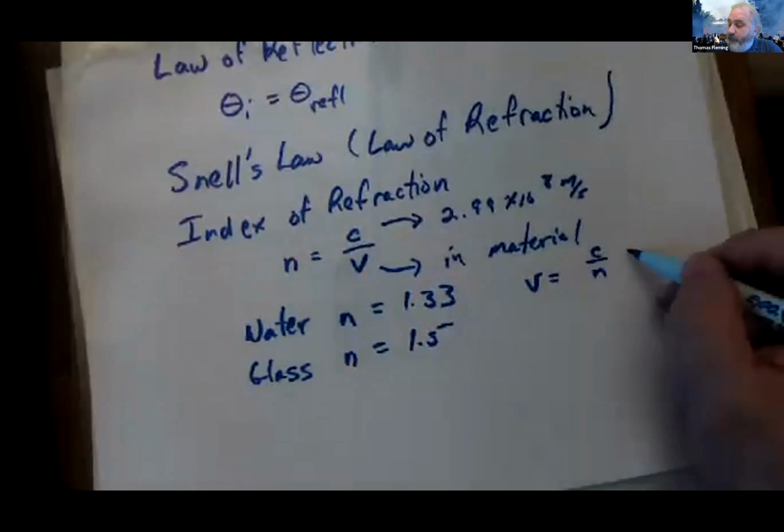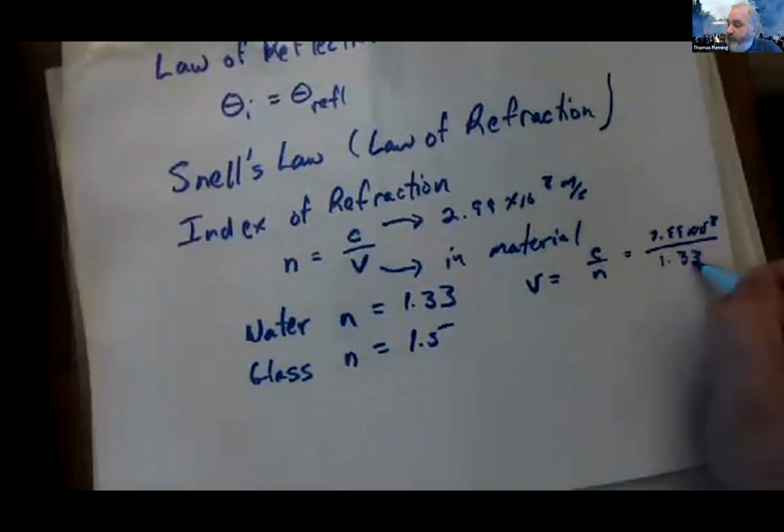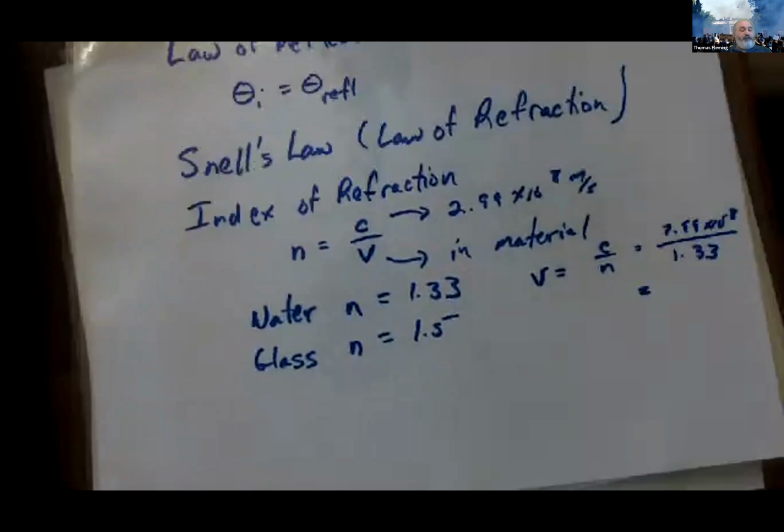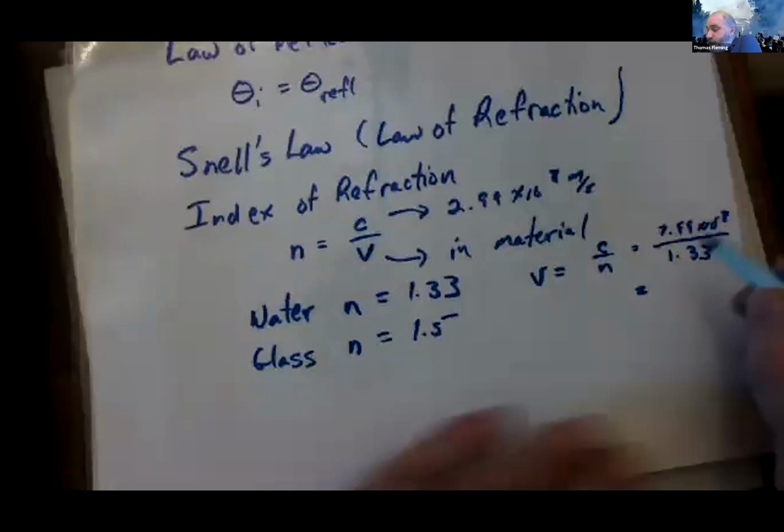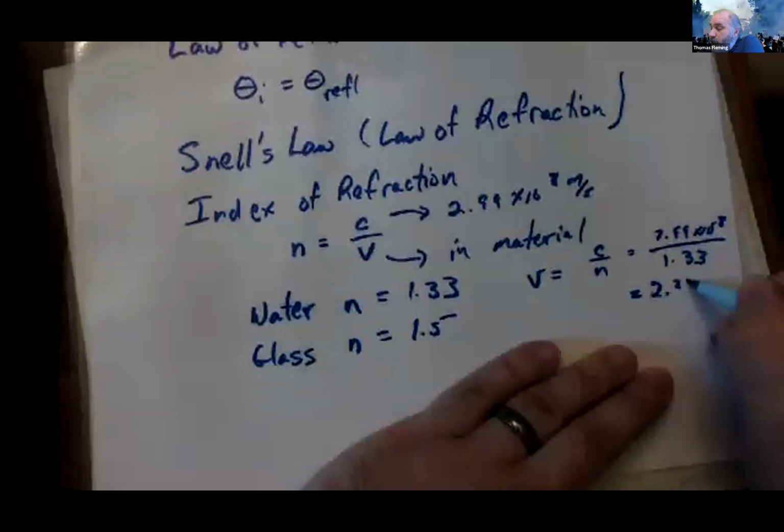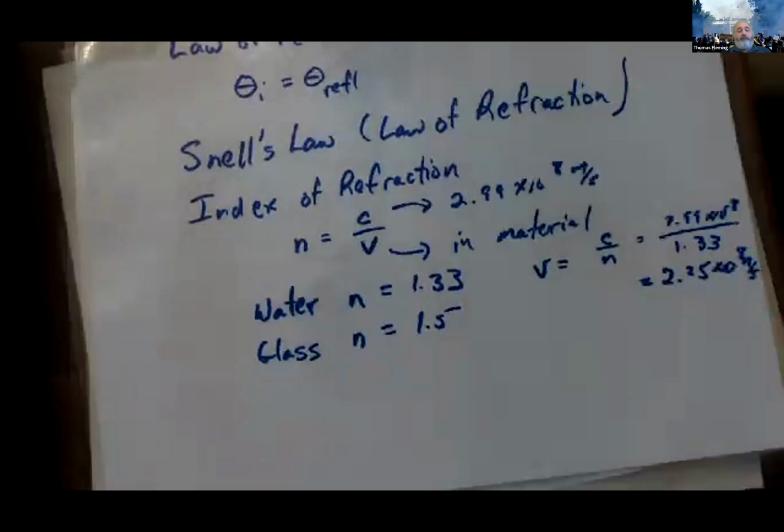So if I take 2.99 times 10 to the 8th, and I divide it by 1.33, that's going to tell me the speed of light in water. So it's 2.25 times 10 to the 8th meters per second. That's still blazingly fast, but it's a good deal slower than it is in vacuum.